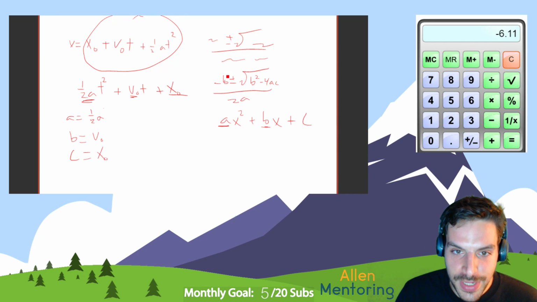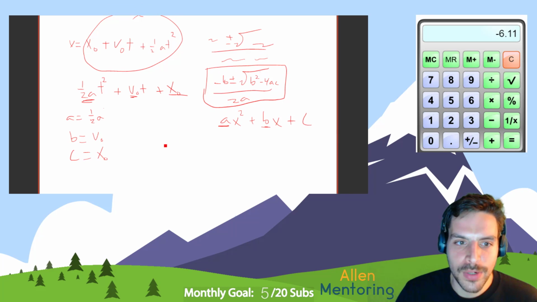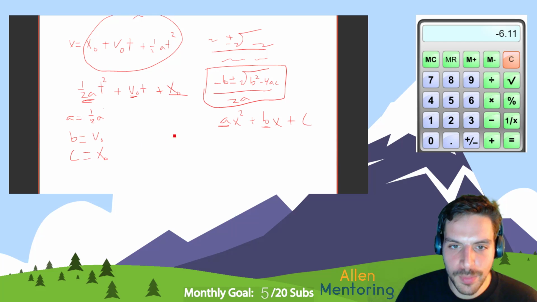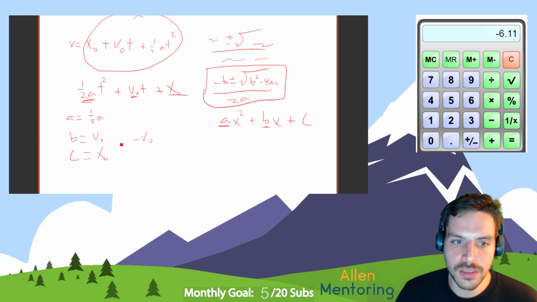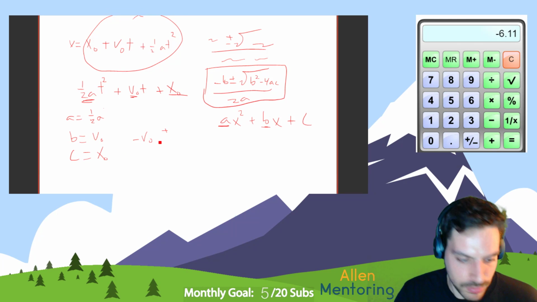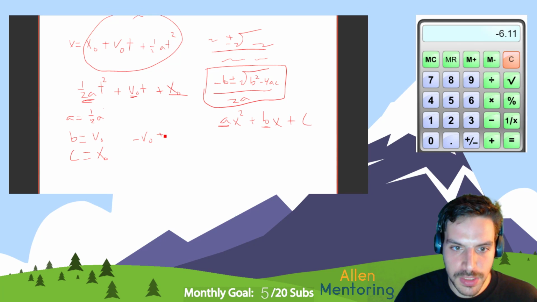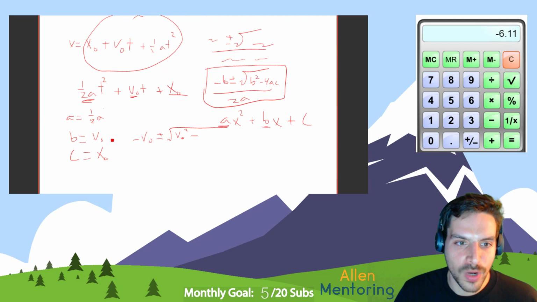So if we were to now write it in the quadratic, again, this is the quadratic formula here. If we are now to write these guys in the quadratic formula, we would see it would be negative V, plus or minus the square root of V squared minus 4AC.